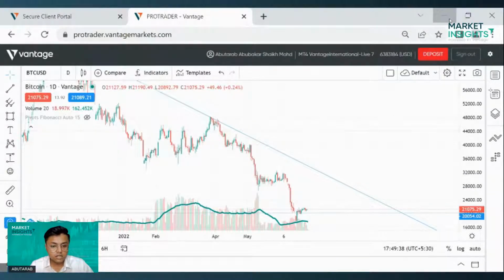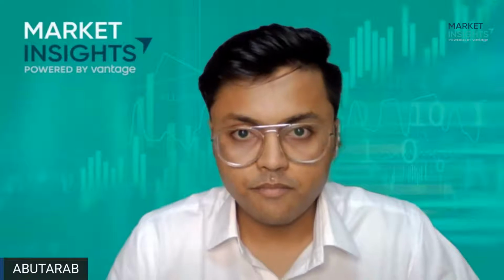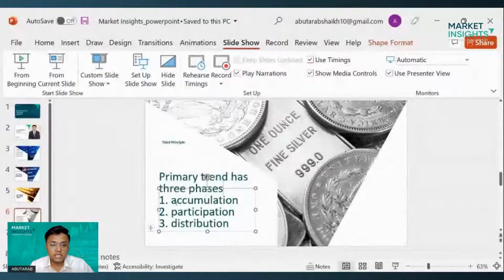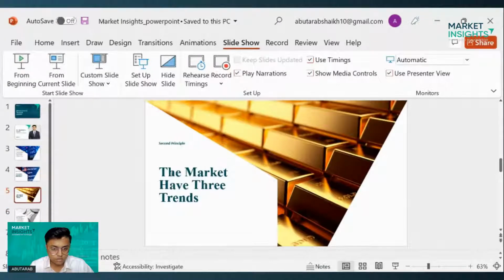We will learn the third and one of the most important principles, which is called primary trend. We have gotten to these three trends.